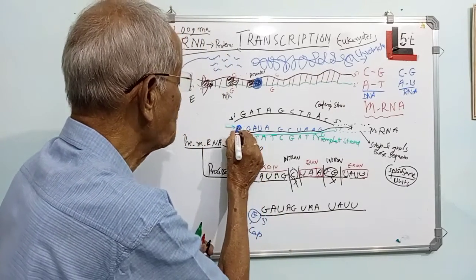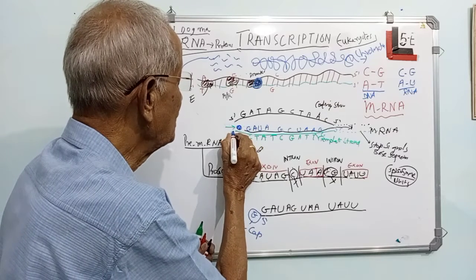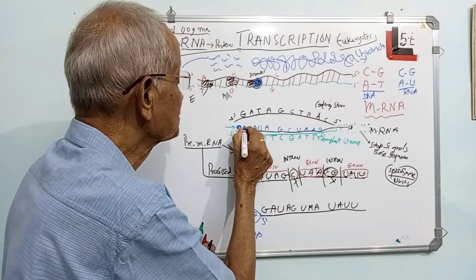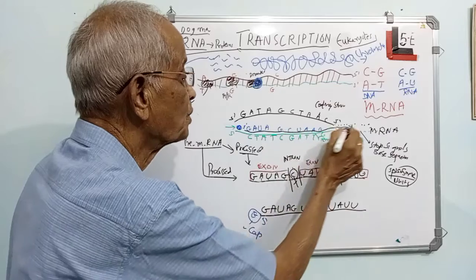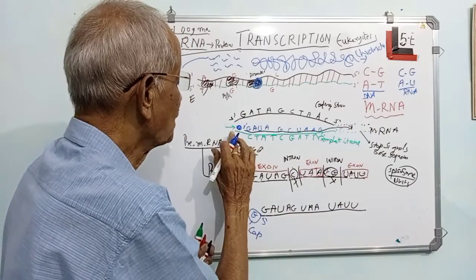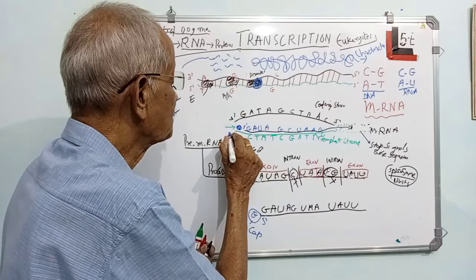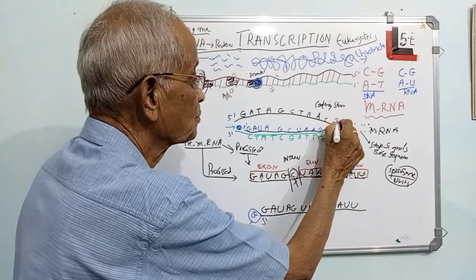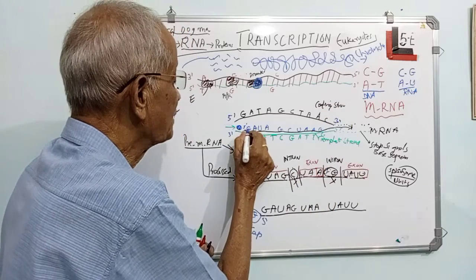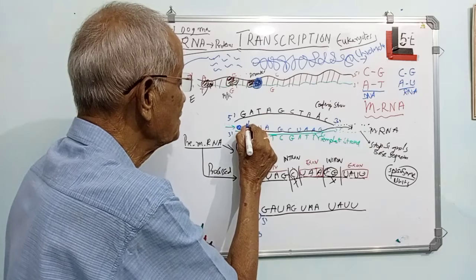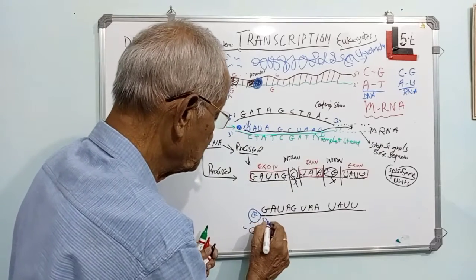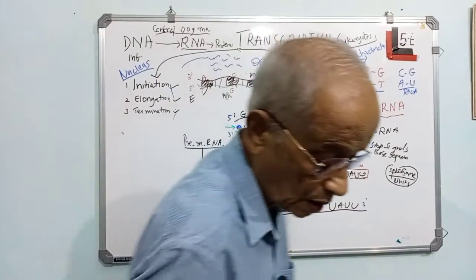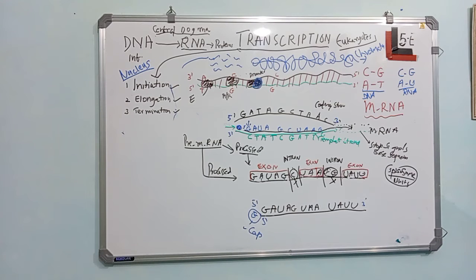Now as it is copying, this is the 5' end, and it goes to the 3' end. At the 5' end the new structures are added, and that continues. Now this is 5' and 3'.